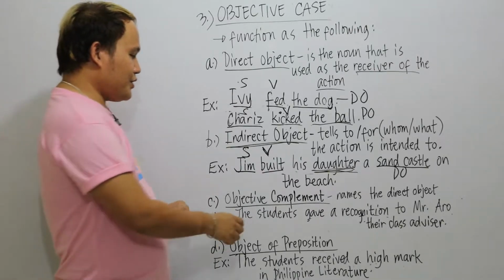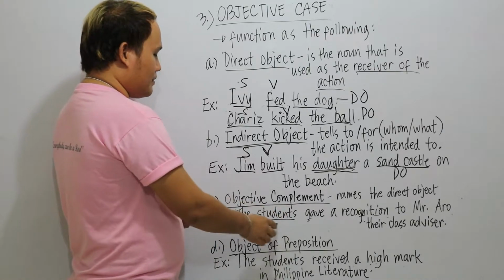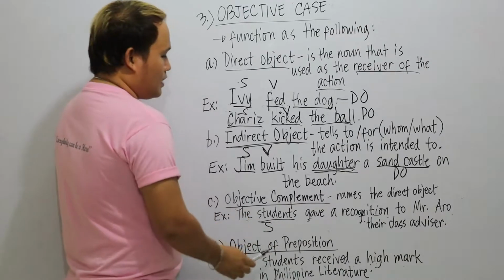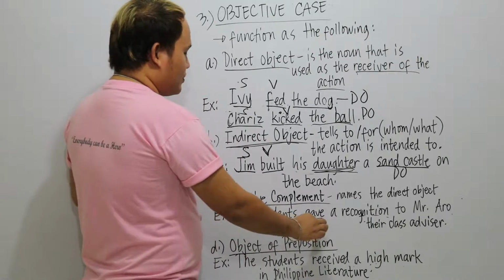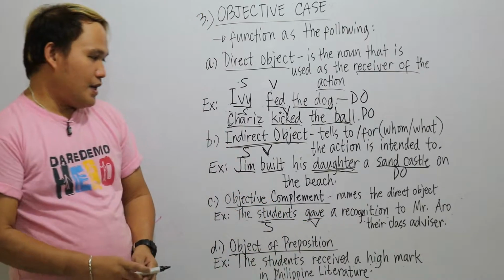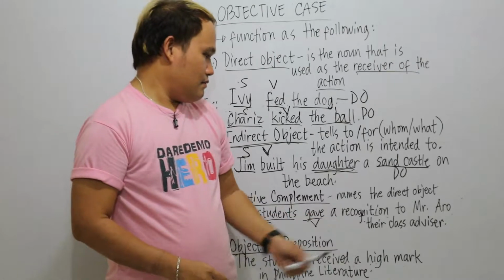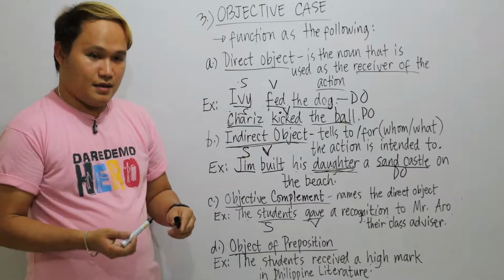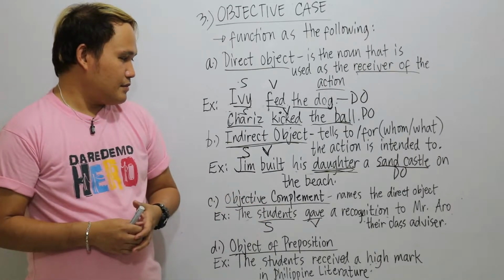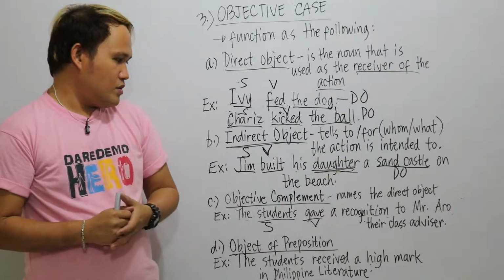So we have here the students as our subject. Gave is the past form of give, which is the verb. And what do you think is our direct object here? Is it the recognition?